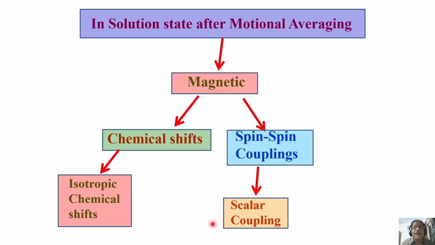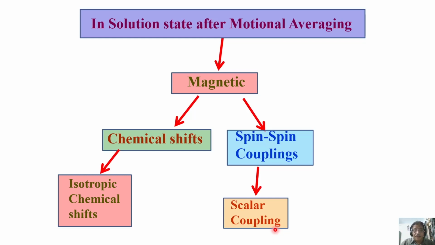Remember, when we discuss scalar couplings, I'll tell you all those things. The very fact that it is a scalar, the word itself is saying, it is not orientation dependent. That is the reason why this covalent bond mediated interaction, the scalar coupling, is not going to be averaged out in solution state.